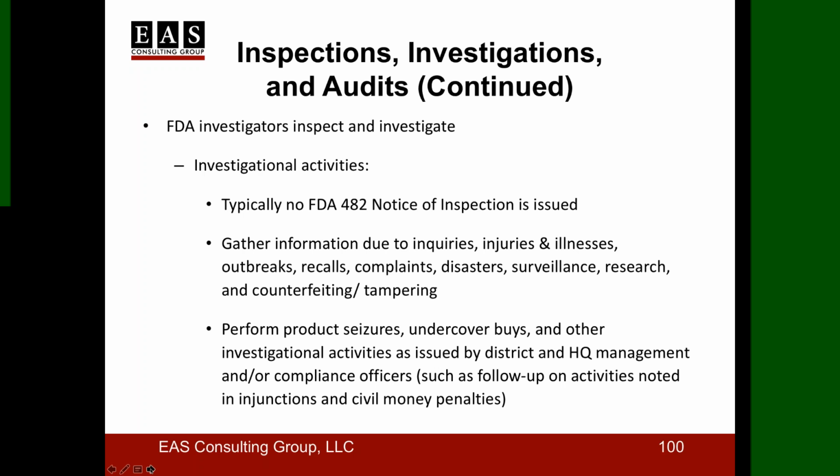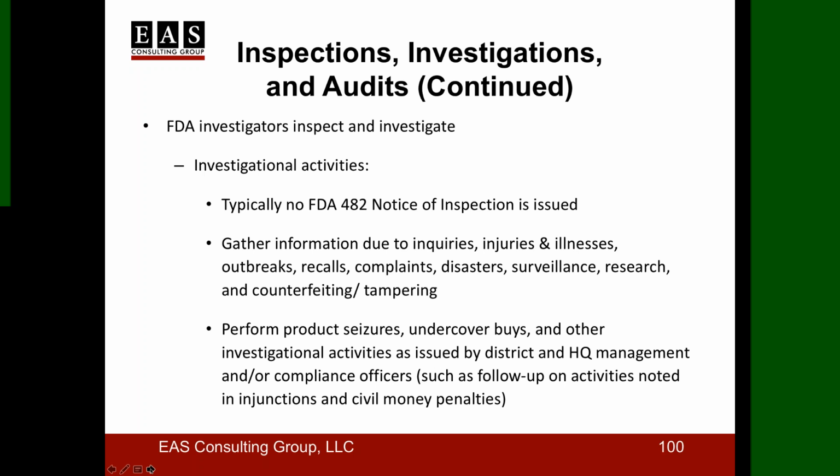Again, if they're doing inspections, inspection, like I said, is not investigation. So inspection is basically one where they check that you're complying with 820, 803, 806, and they're doing an audit per, let's say, the QSIT book, like Quality System Inspection Technique.